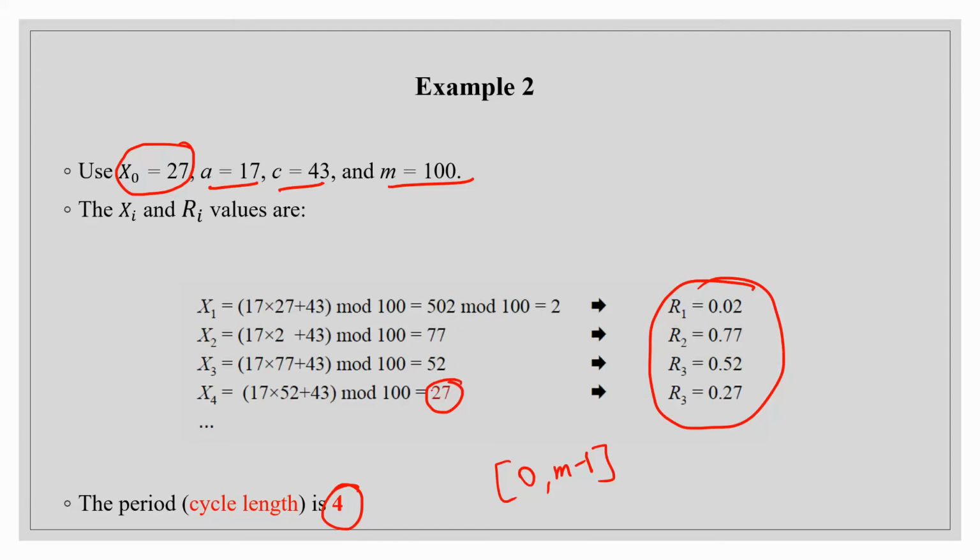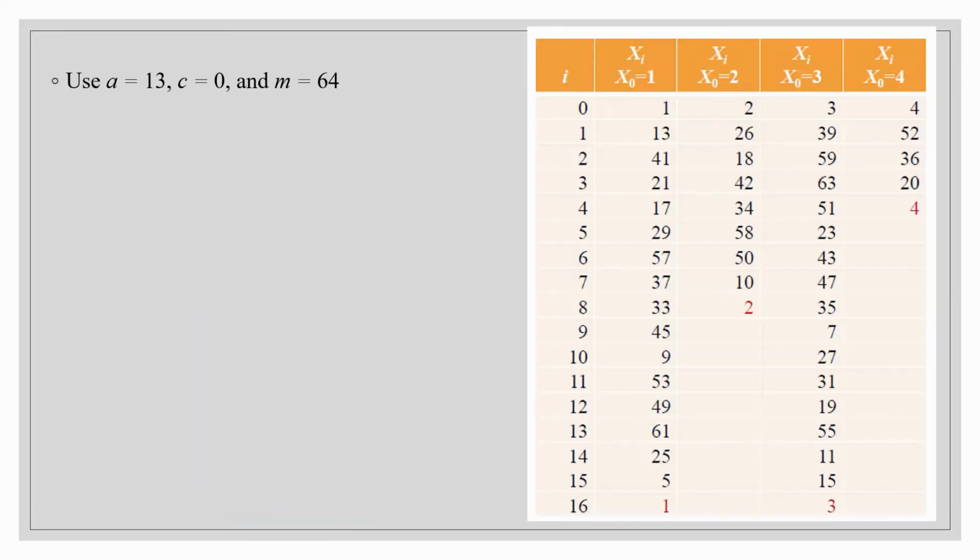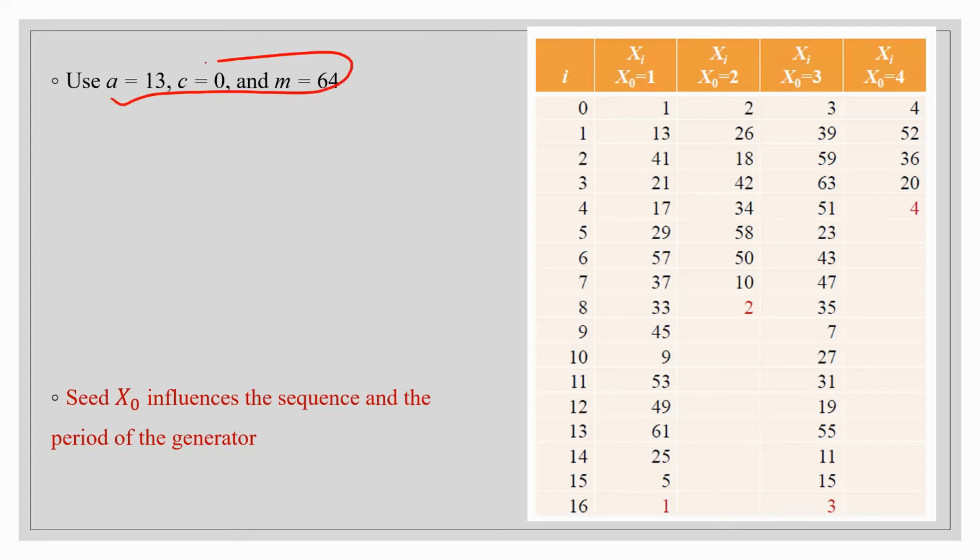So how can we increase the cycle length? This is the problem. Another problem is that if you change the seed value, you will see that the cycle length also changes for a different seed value. If I give you one example, you can see that if I select my A, C and M as this, and if I choose my seed value as 1, you will get this many random numbers, and at the 16th iteration I will again get 1, from which I started.